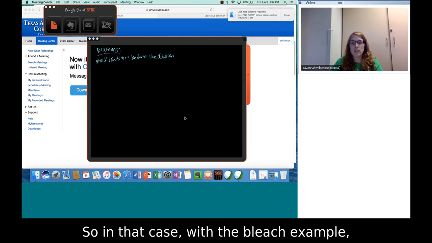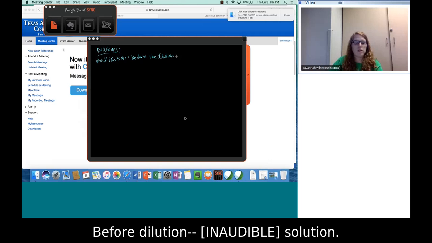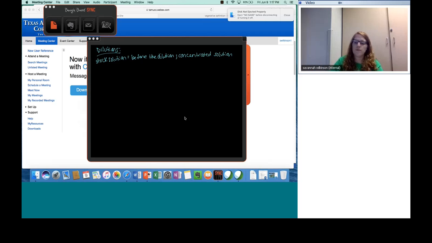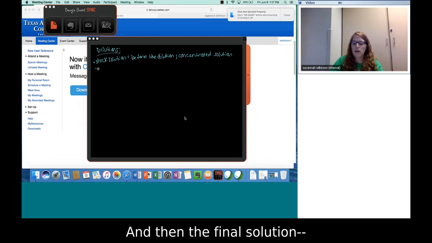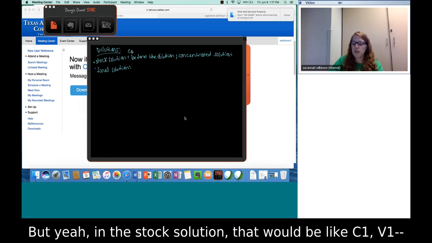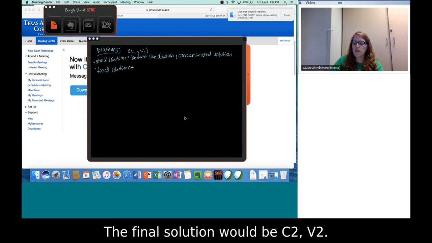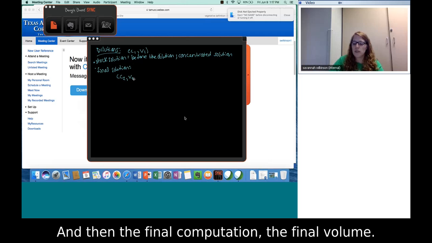So that's what I mean by diluting, you're making something less concentrated. In the bleach example, the bleach in the container is considered the stock solution, before the dilution. And then the final solution, this will come into play in the serial dilution. The stock solution would be C1, V1, the initial concentration and the initial volume. The final solution would be C2, V2, the final concentration and the final volume.